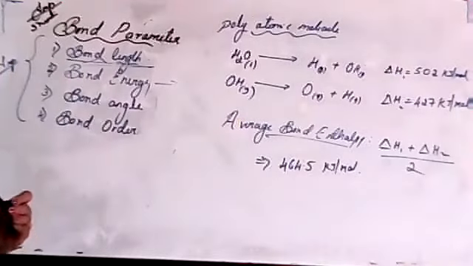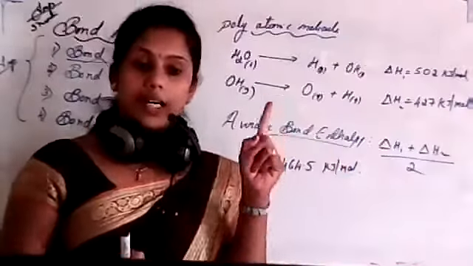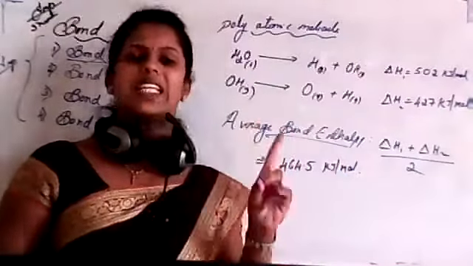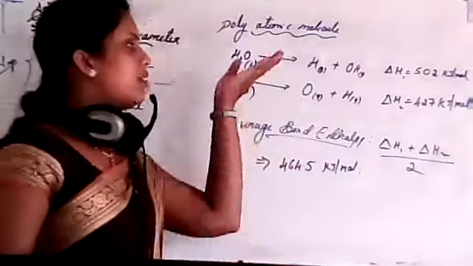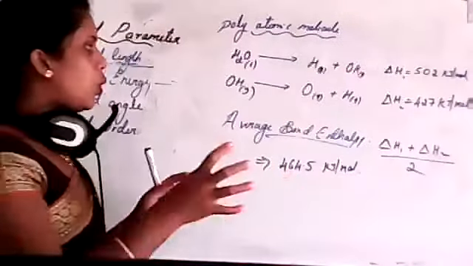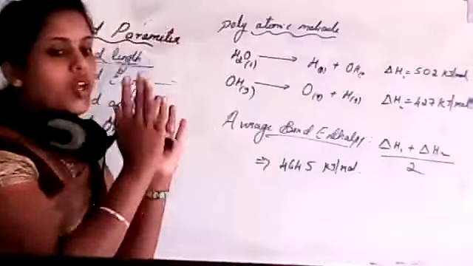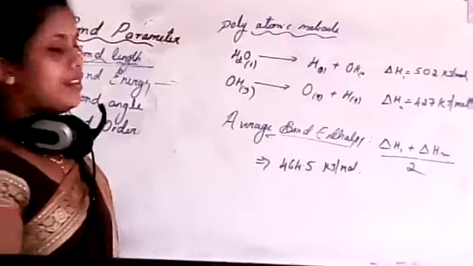Clear? If you want to find the average bond enthalpy, you have to consider each and every step where there is a bond dissociation enthalpy. Clear? If you find only about this one, it is not a bond dissociation enthalpy. So you have to find the average bond enthalpy.